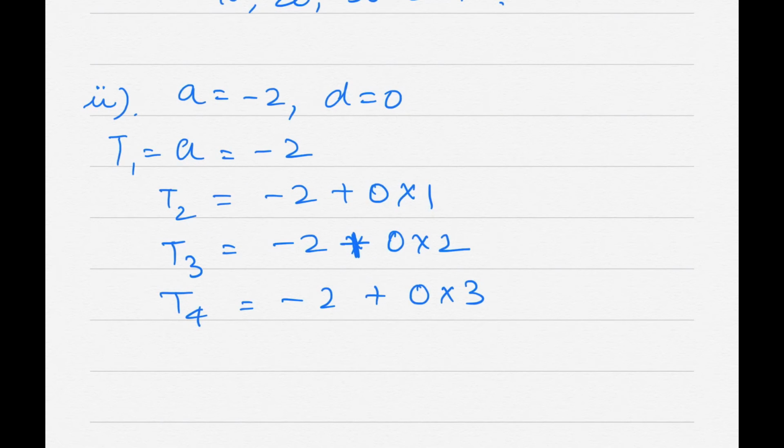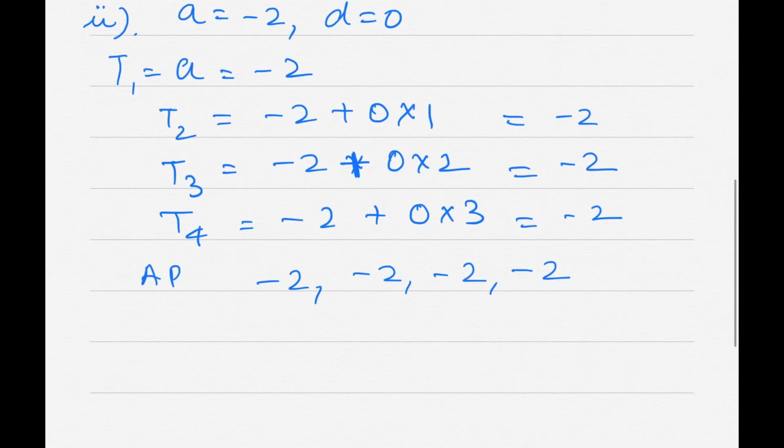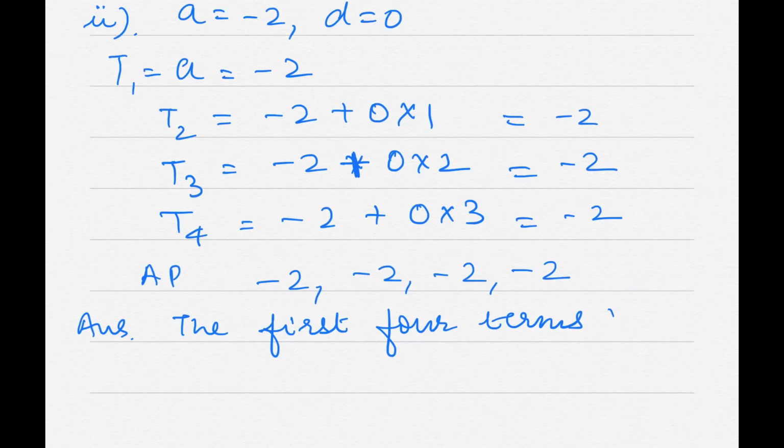So my AP becomes minus 2, minus 2, minus 2, minus 2 as my four terms, right? So you can write down: the first four terms are the same, minus 2, minus 2, minus 2, minus 2.